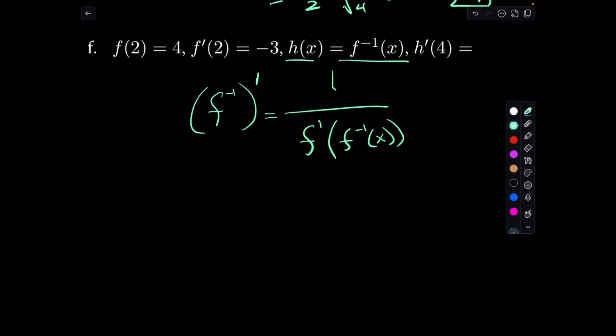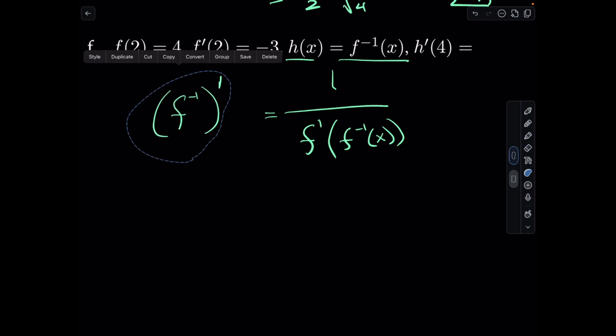First things first, we need to know what f prime is. Oh, I see. We don't have any function, we're just going to do numbers.